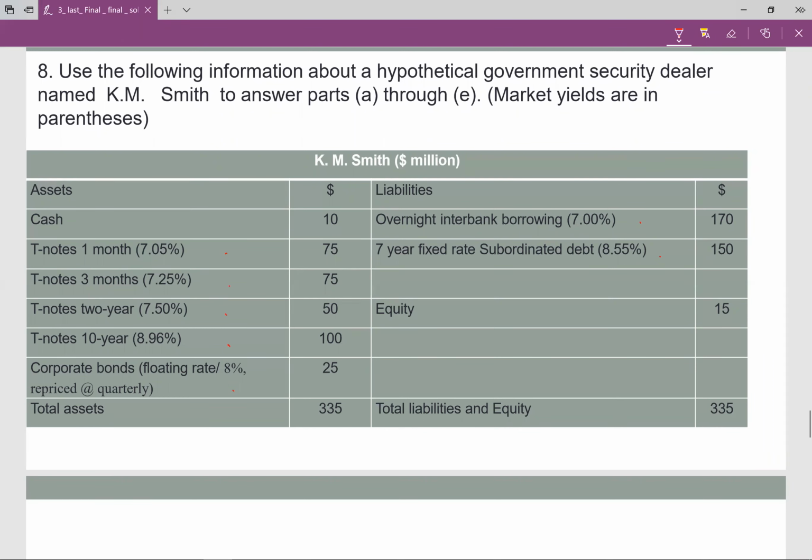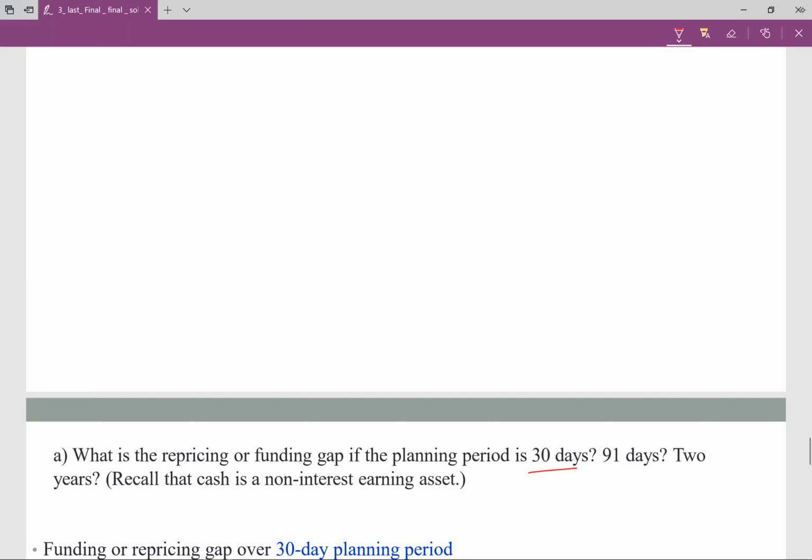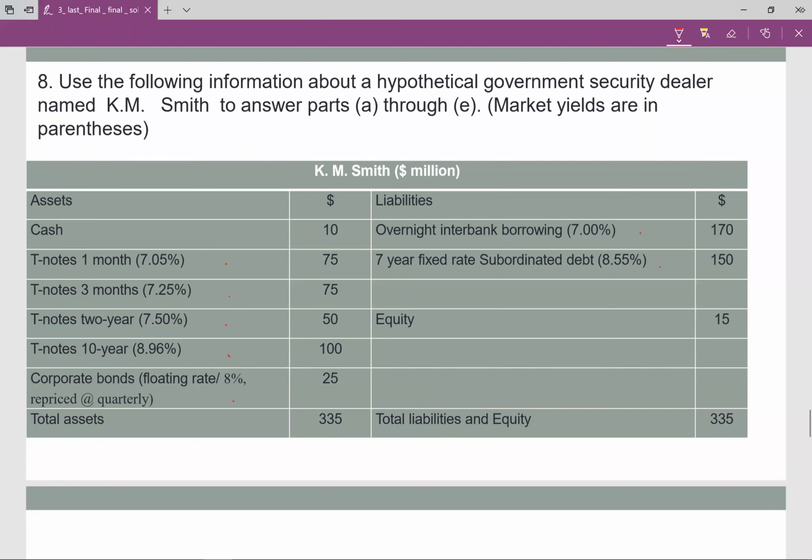My first task is to collect the maturities, the horizons, which means I have to build many horizons. In this question, they ask us to calculate for 30 days, 90 days, or 2 years. I can calculate even for 5 years or 7 years. So I have 1 month, 3 months, 2 years, 10 years.